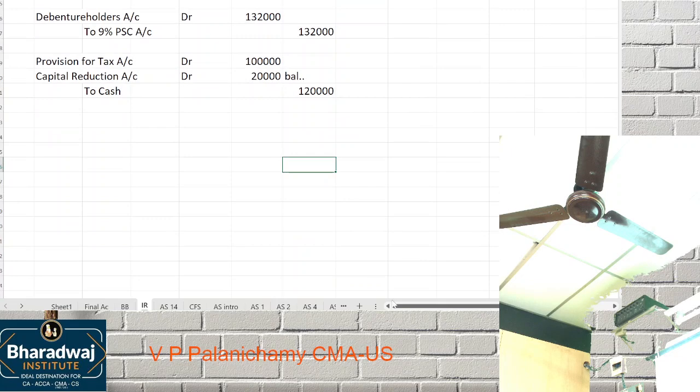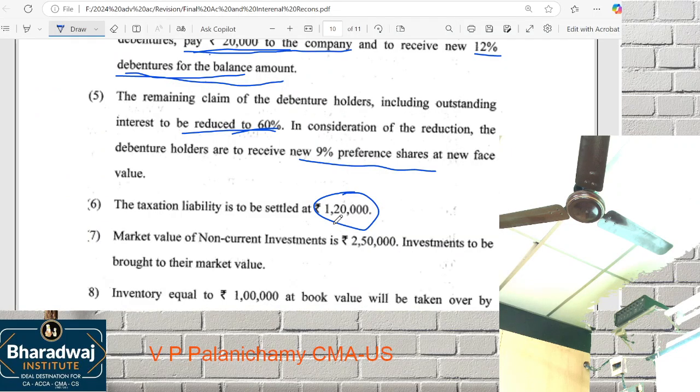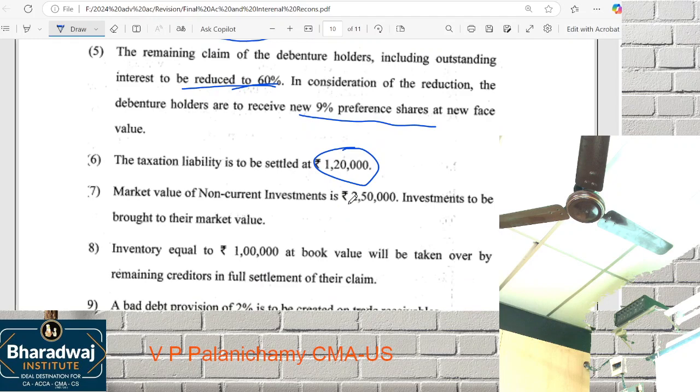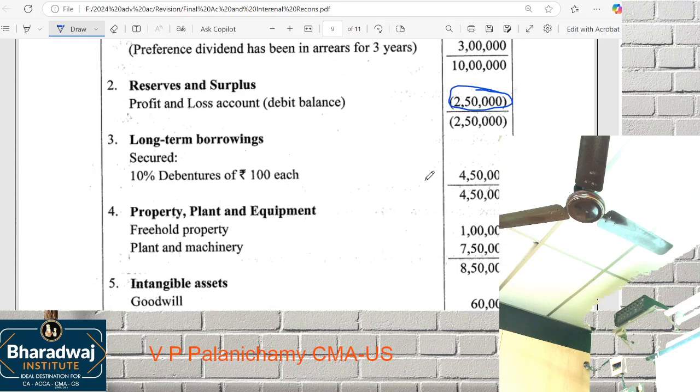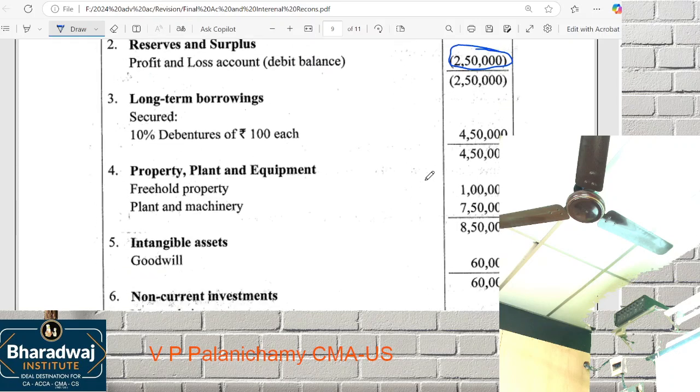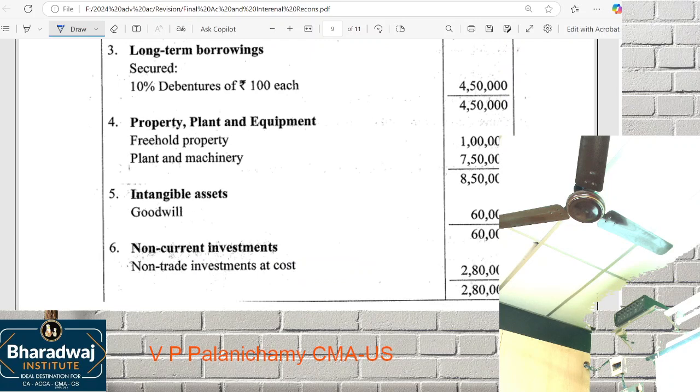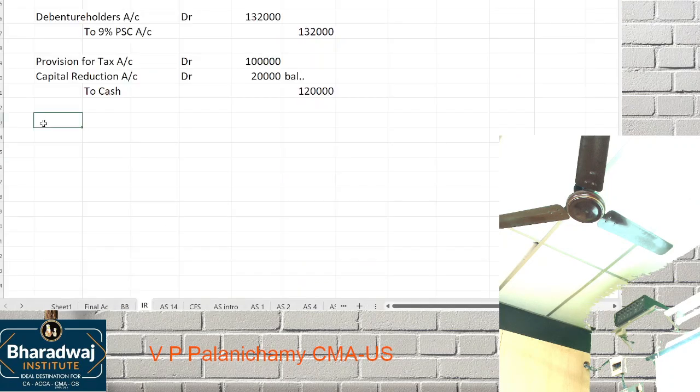What is the next one? Market value of non-current investment is how much? 2,50,000. What is the book value given in the balance sheet? 2,80,000 is given. So what is the entry you will pass?